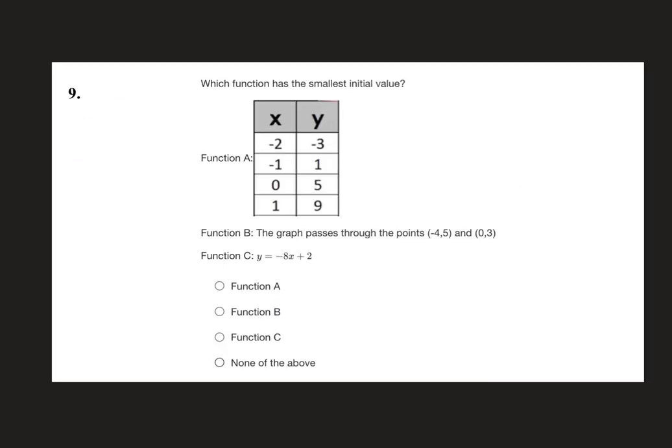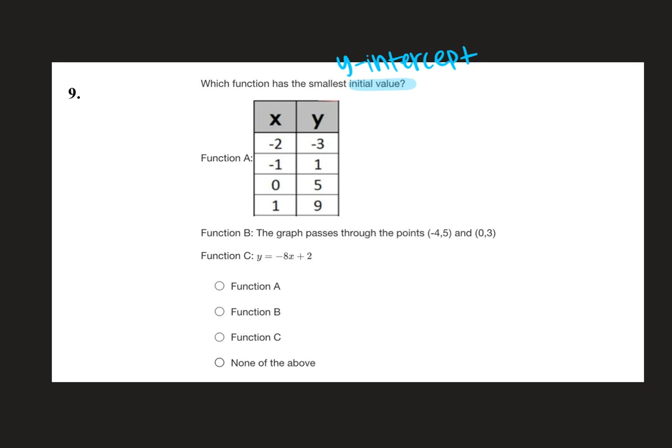Which function has the smallest initial value? Initial value is y-intercept. All right, so for function A, you need to circle the number that represents the y-intercept. The y-intercept on a table is when x is 0. Function B, you have 2 points. It's the same exact thing.